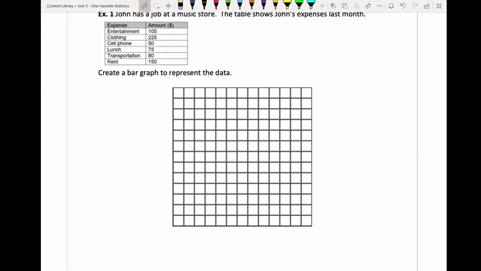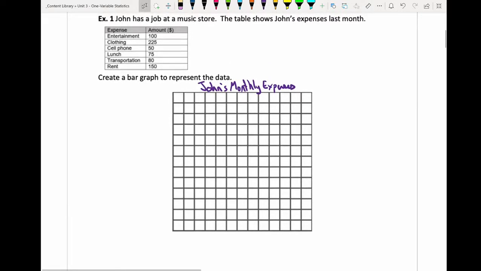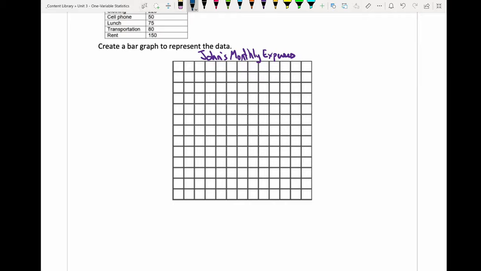The way we start off with our bar graph, we're going to create a title: John's monthly expenses. The column with the categories is going to be along the bottom, so our expenses are going to be on the bottom.